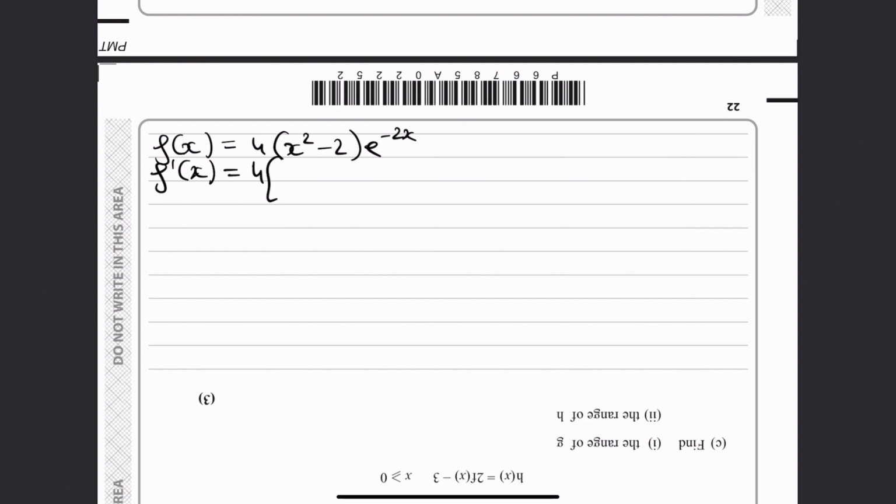Then we use the product rule. So the derivative of this function is just going to be 2x multiplied by this, and adding x squared minus 2 multiplied by the derivative of this, which is just minus 2e to the minus 2x, like so. So now we can expand this out.